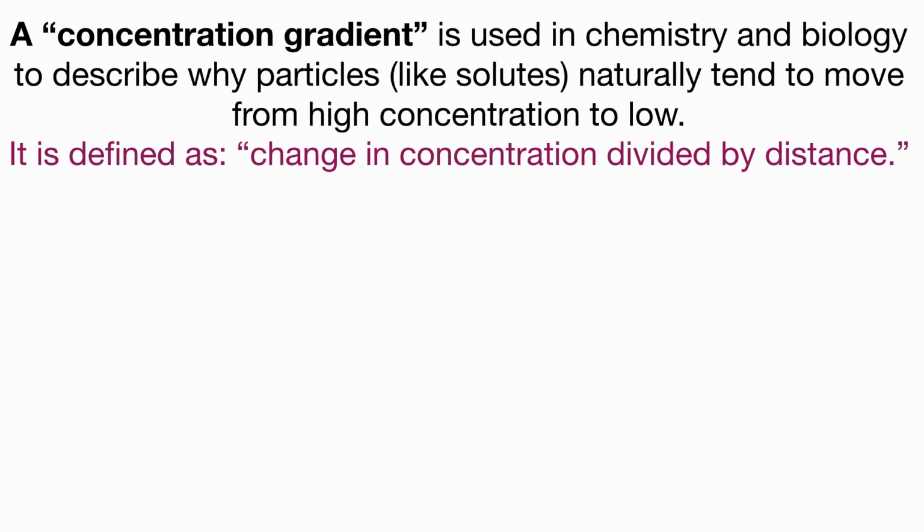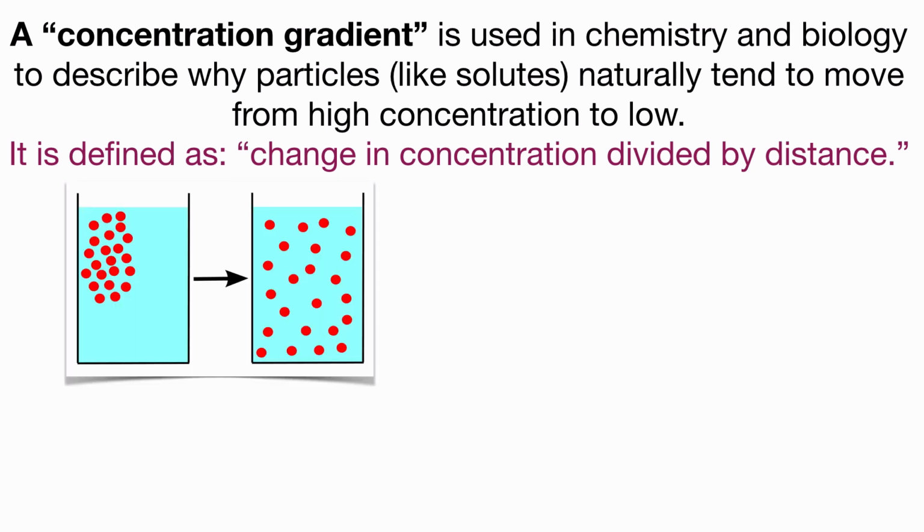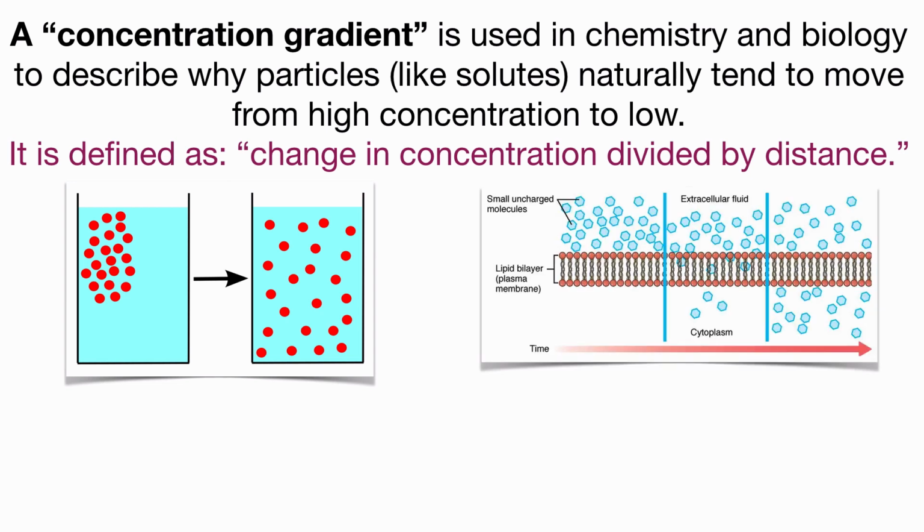But the definition is the change in concentration divided by distance. In chemistry, the analogy is if you spray perfume in one corner of the room, eventually you'll smell it all over the room. And in biology, small molecules cross the phospholipid bilayer.